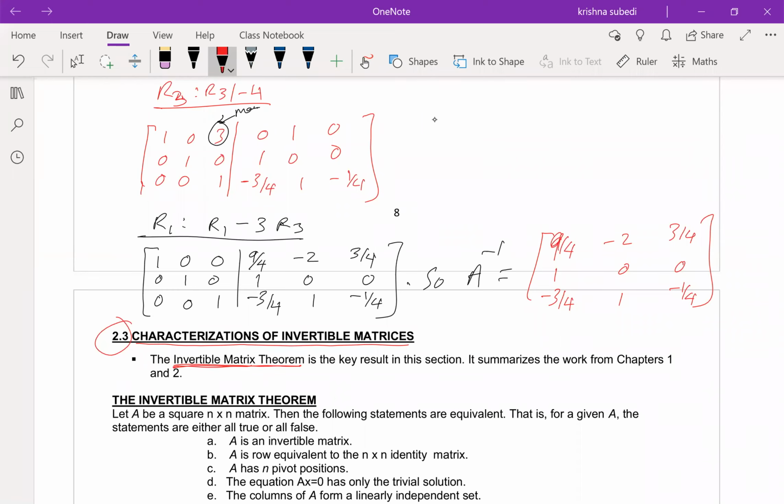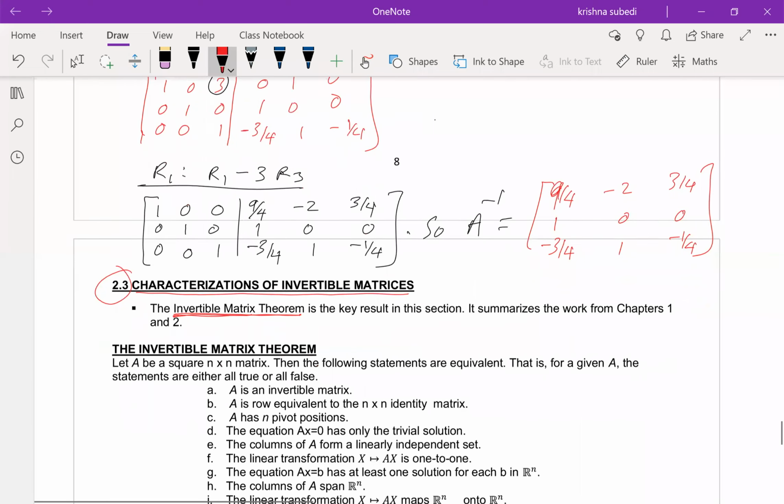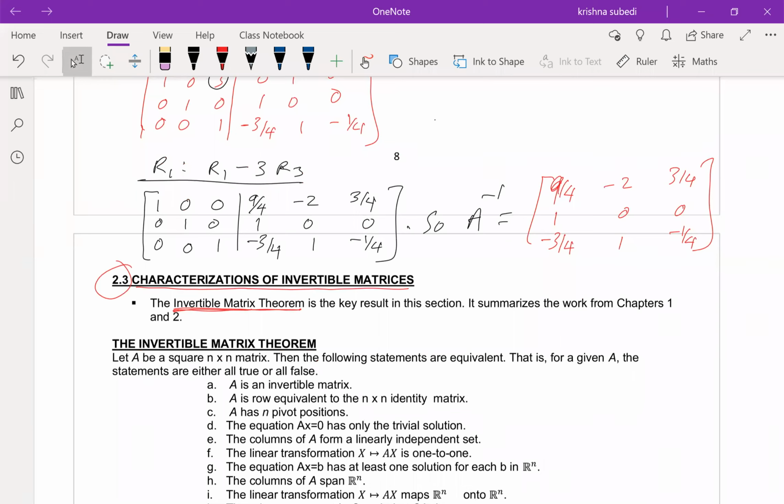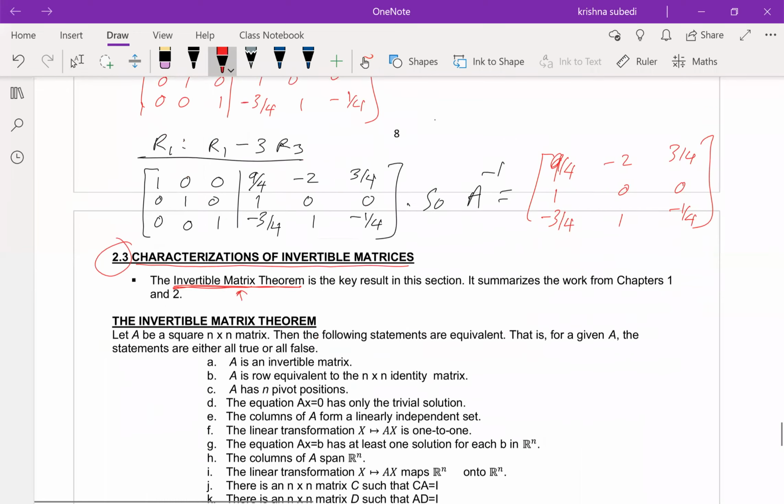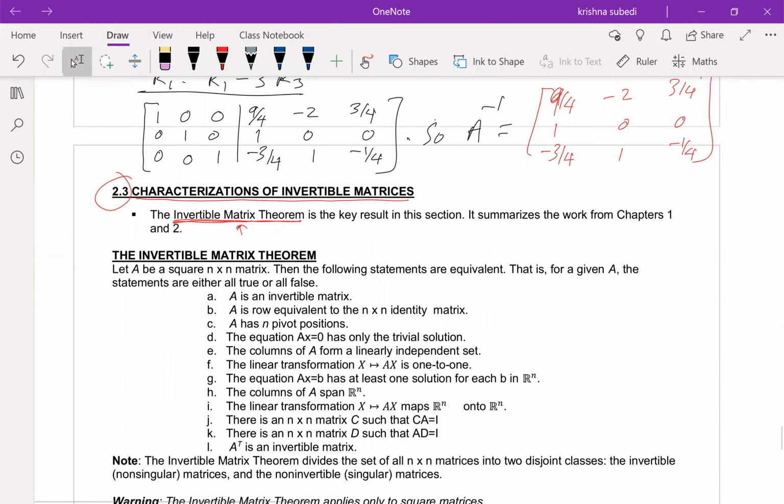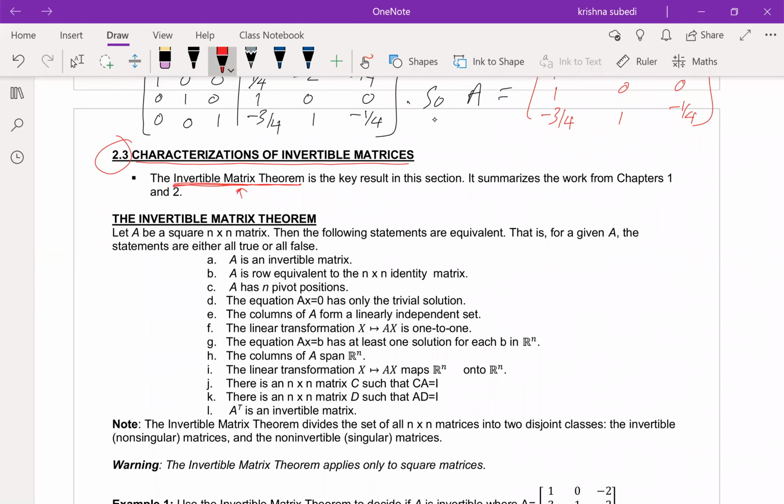If the inverse does not exist, then we call it a non-invertible or singular matrix. Sometimes an invertible matrix is called a non-singular matrix as well. We'll discuss that later. The invertible matrix theorem. I want you to read this.